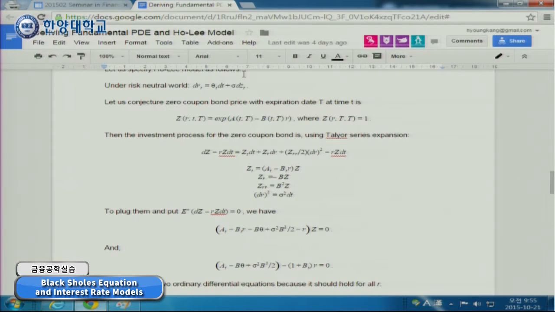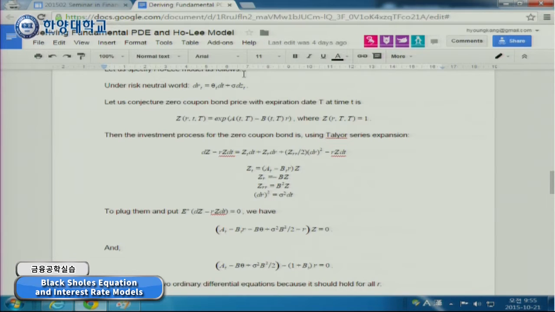And of course, Z at big T is 1, because at time big T, the contract that pays $1 at big T should be worth 1 regardless of the interest rate, which means that A(T,T) minus B(T,T) r should be 0. Exponential of 0 is 1. So given this equation, now let's do the Taylor series expansion.